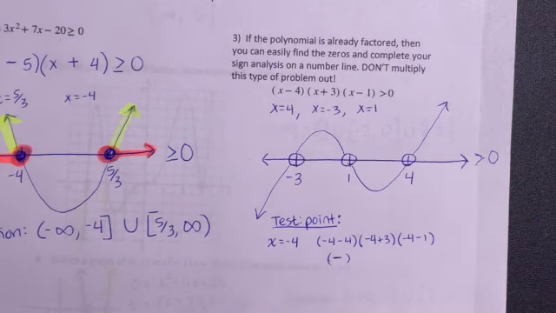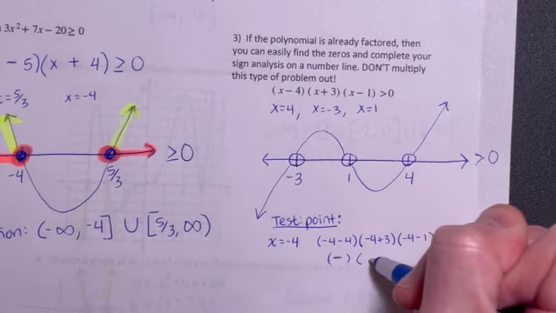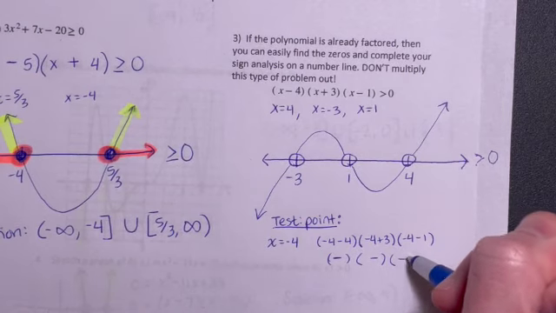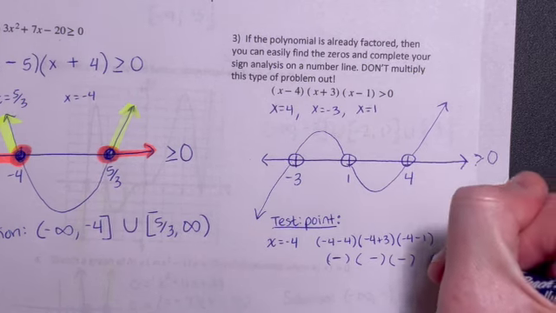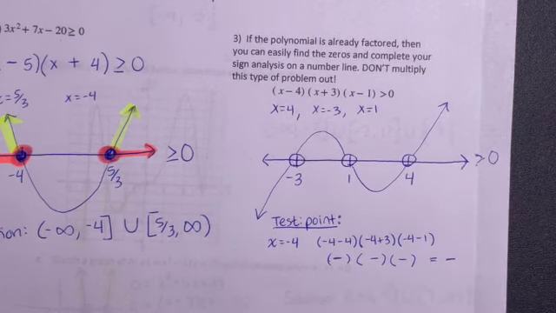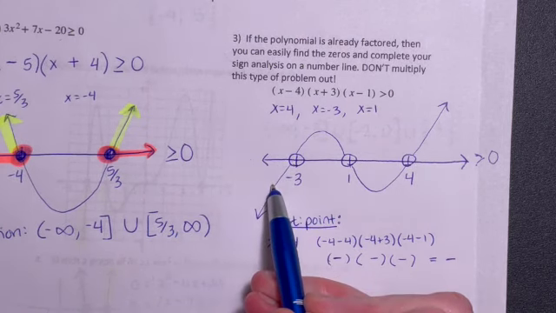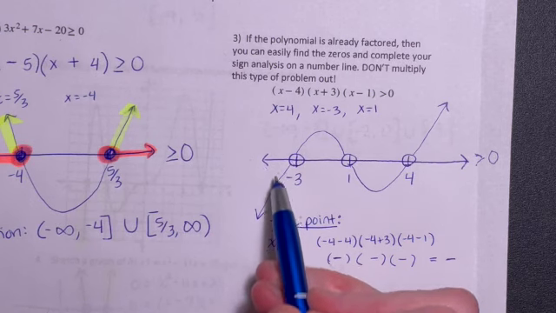I'm not really worried about what the actual value is right now, but I know that it's going to be a negative. -4 plus 3 is still negative, and -4 minus 1 is negative. We end up with a negative times a negative times a negative, which is negative. All that means is that the function would be below the x-axis. It would have a negative value when x is -4.